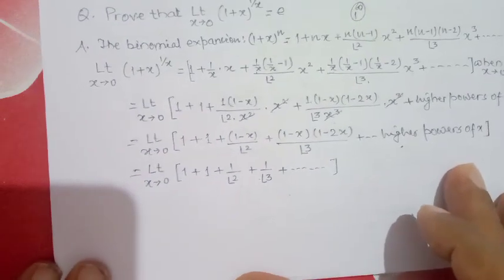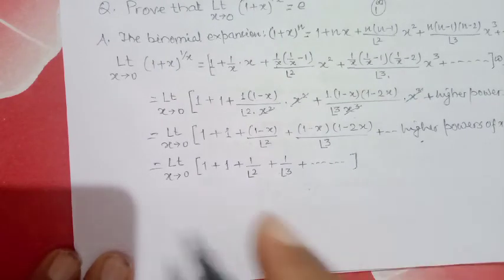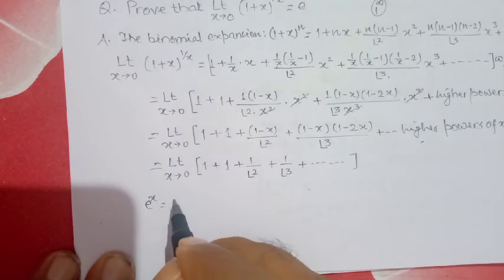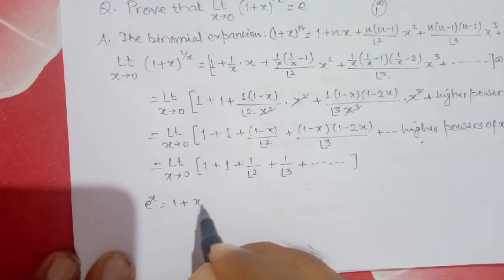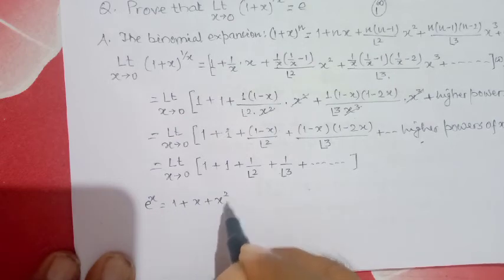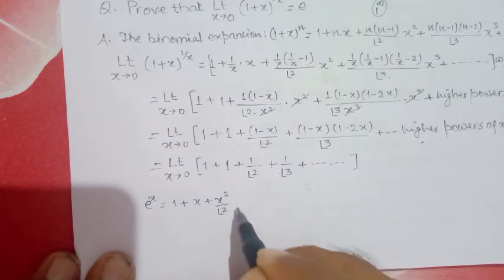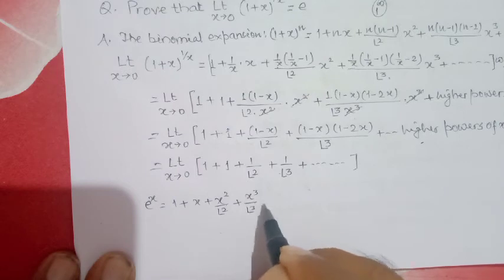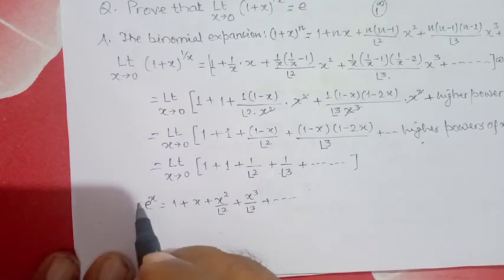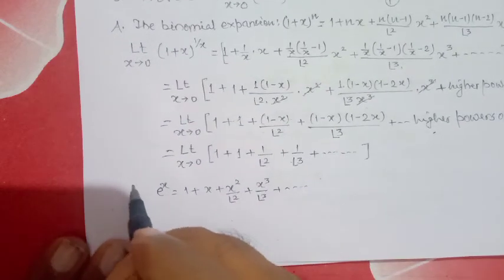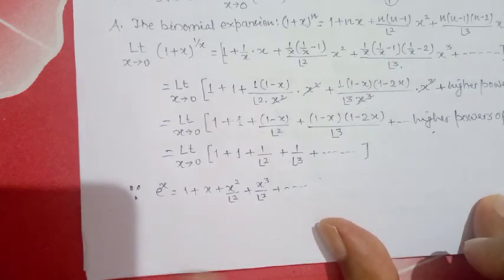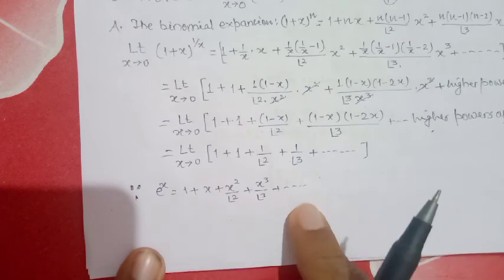So now children, I have just written e to the power x is equal to 1 plus x plus x square by factorial 2 plus x cube by factorial 3 plus higher powers of x. In this expansion, put x is equal to 1.